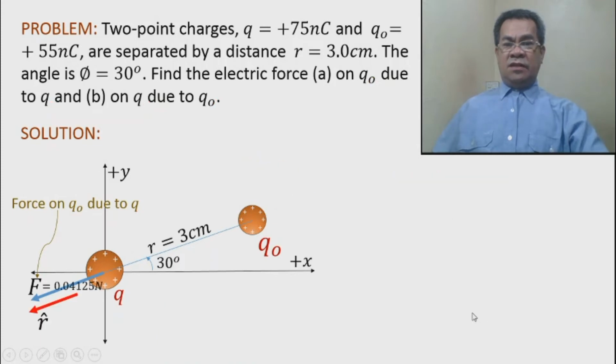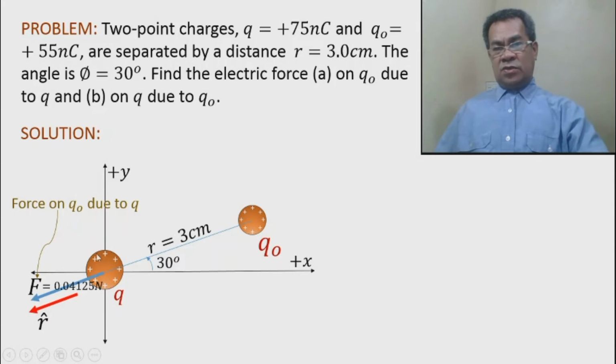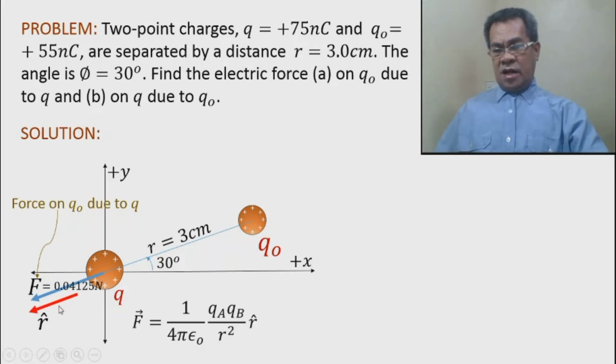So do not stop answering this problem at the magnitude only. Okay? So then, take note that for letter A, we are asked to solve for the amount of force on Q due to Q naught. Since the force tends to move away, then your R should be directed in the third quadrant. So, this is the R hat. We already have the magnitude.